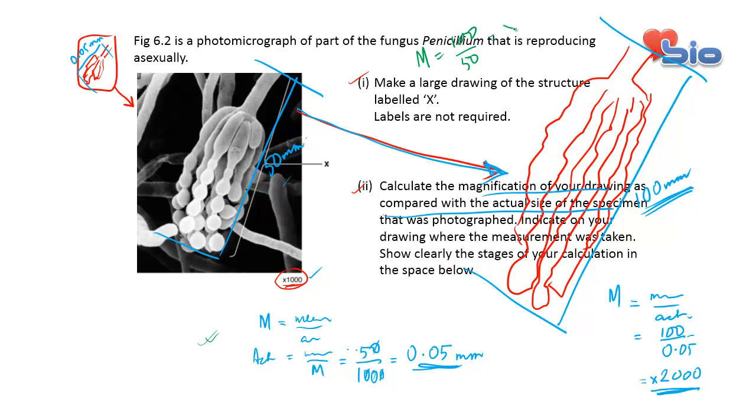From the photograph, your diagram has been magnified 2 times. You know that this photograph has been magnified 1,000 times and your diagram has been magnified twice from the photograph, which means, simple math, if you're getting my logic, the magnification of your drawing as compared to the actual specimen will be these two multiplied, and that's how you would land at 2000 as well.